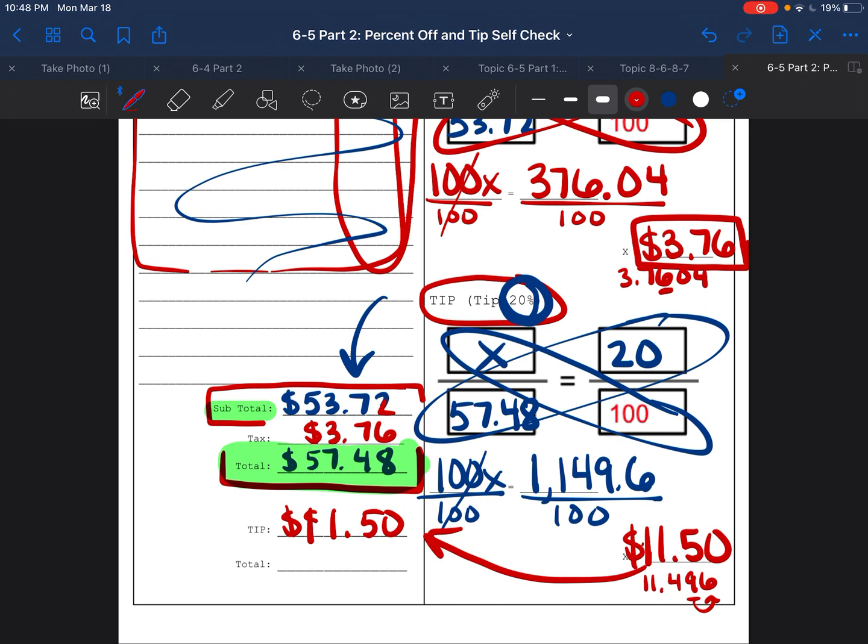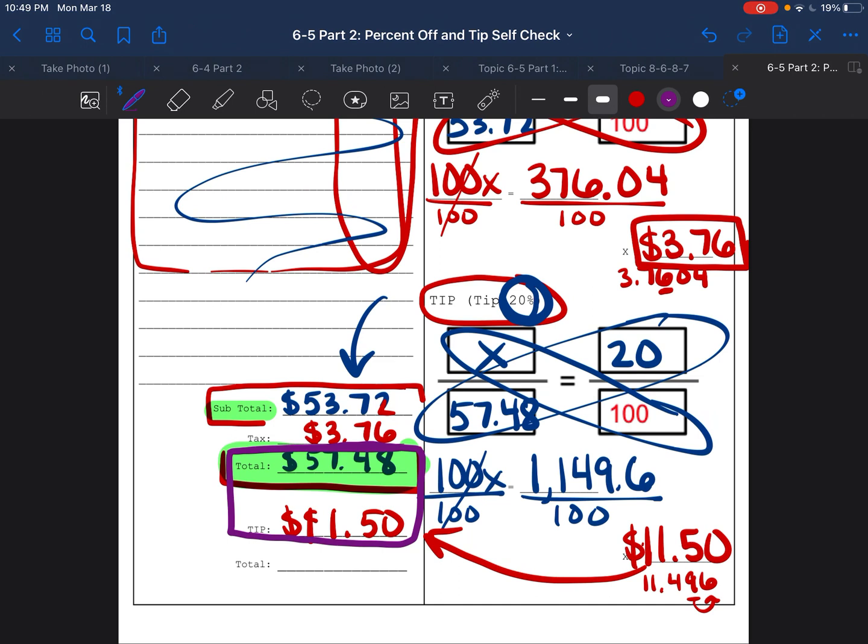$11.50. So your job now is to add that tip to the total because that is what you are going to leave at the table. So we're going to add $11.50 to $57.48.